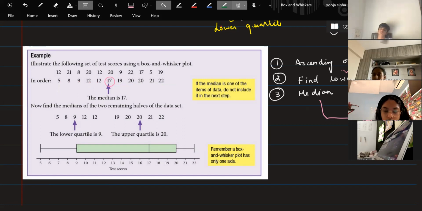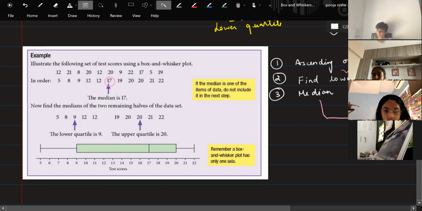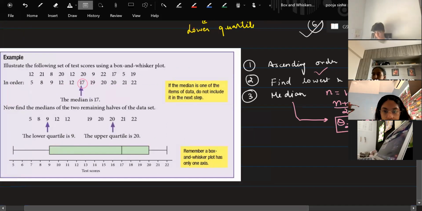Just the way you did n by 2 for the median, here it is n by 4 for Q1, which is the lower quartile, and 3n by 4 for Q3.